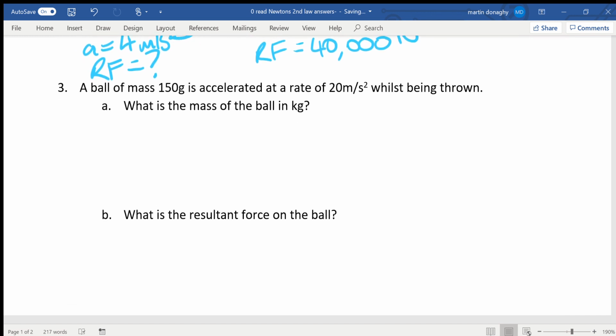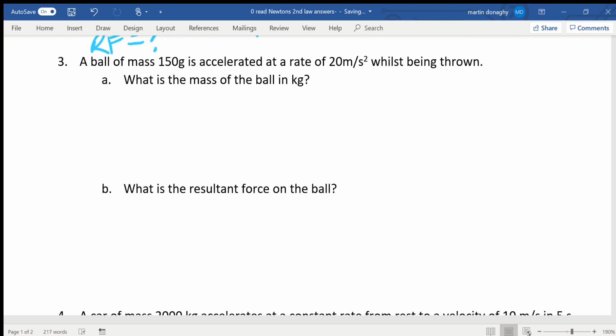Next one's a little bit trickier, but it talks you through it. We have a ball of mass 150 grams. That's a problem, because in our equation for Newton's second law, it needs to be in kilograms. So the first thing we have to do is divide that by 1,000, which tells us that the mass is actually 0.15 kilograms.